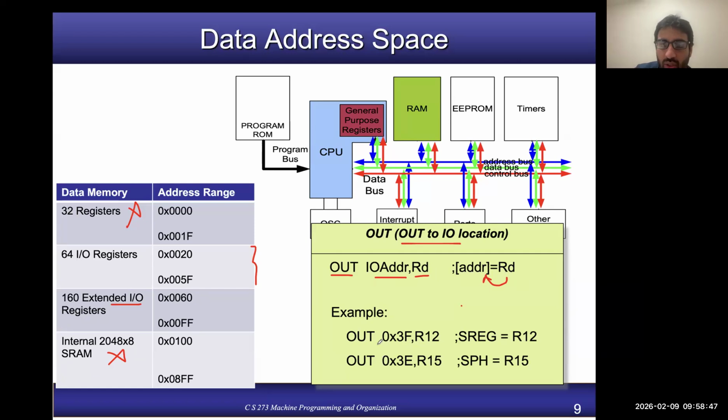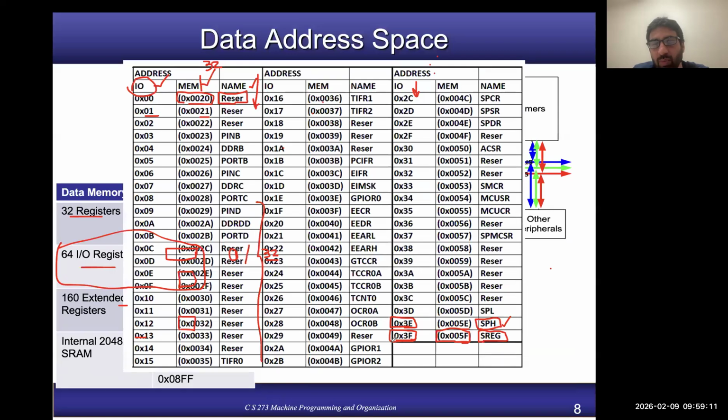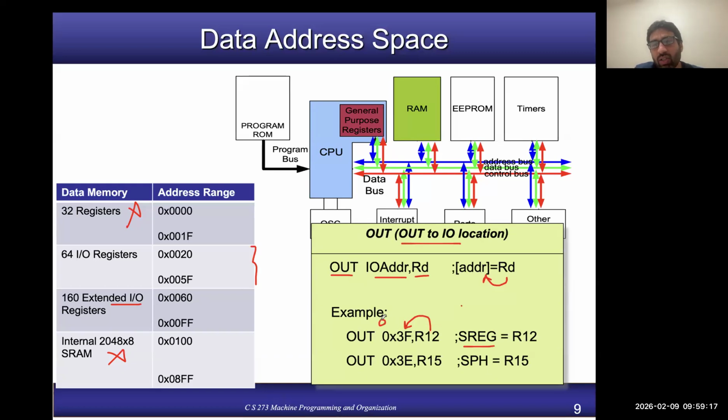The value of that general purpose register will be placed in the location pointed to by this address. So here is the example: out 0x3f R12. The value of R12 will be copied into 0x3f, which is the IO address of the register SREG, the status register. Now, if I write 0x005f, which is the memory address of the same register SREG, this instruction will not work.